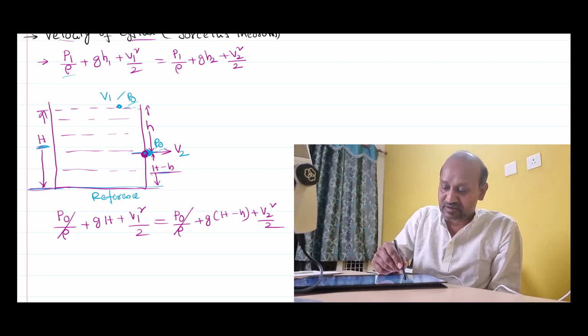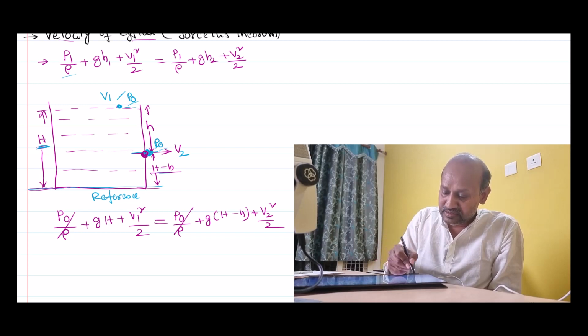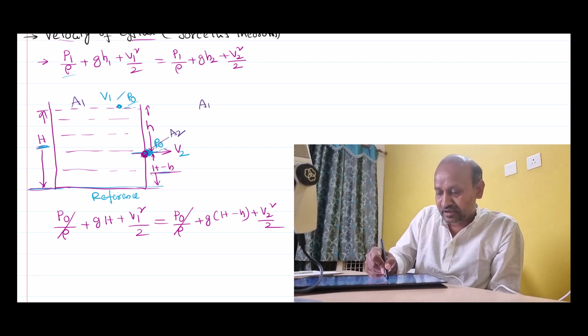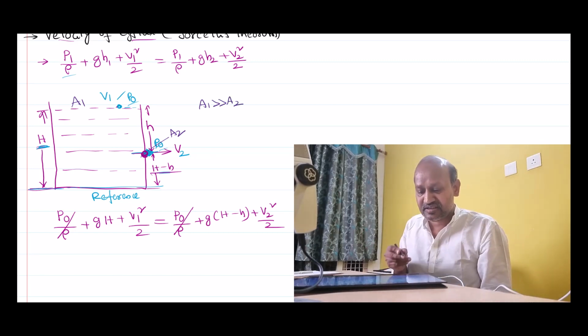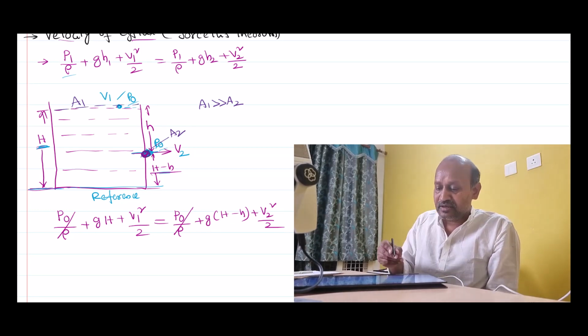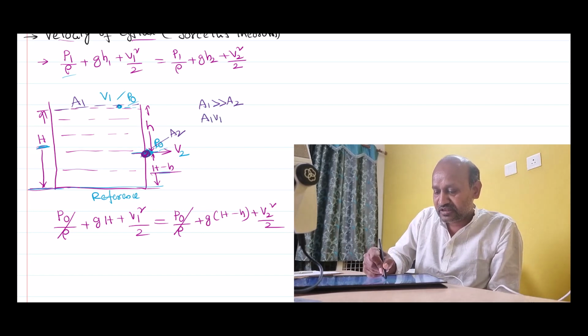Now look at the velocities. Here, this is area A1. Here, this is area A2. It's very clear from the diagram that A1 is much bigger than A2. A1 means the open area, A2 means the area of this small opening. As per the equation of continuity that we have learned, A1 V1 equals A2 V2.